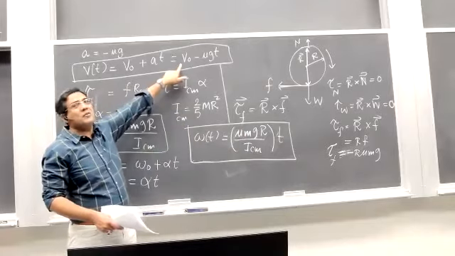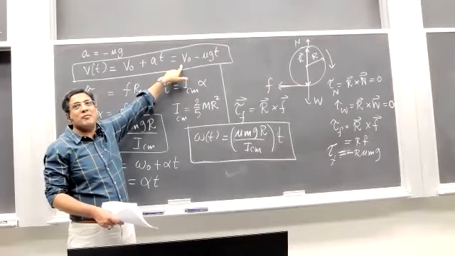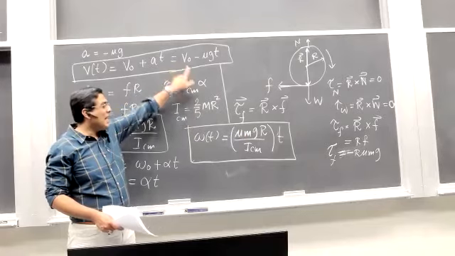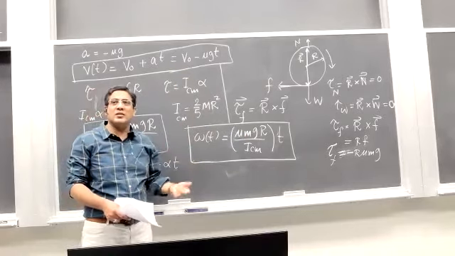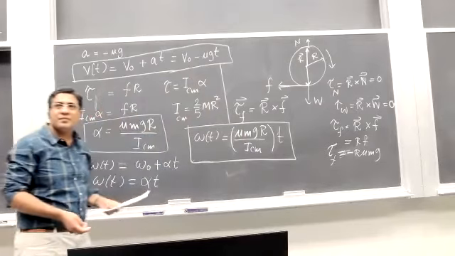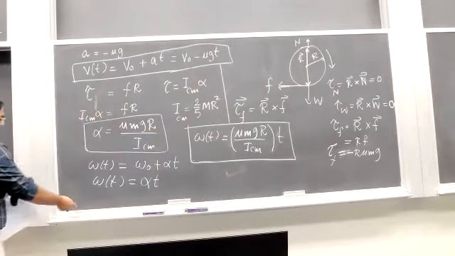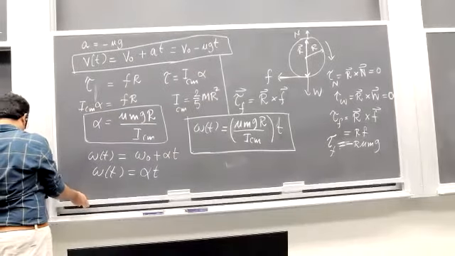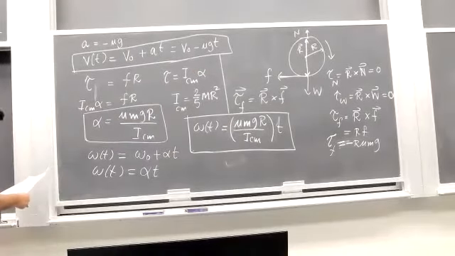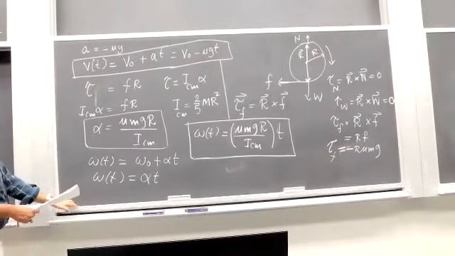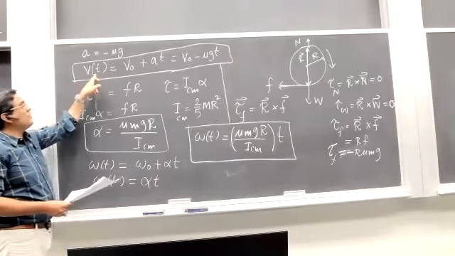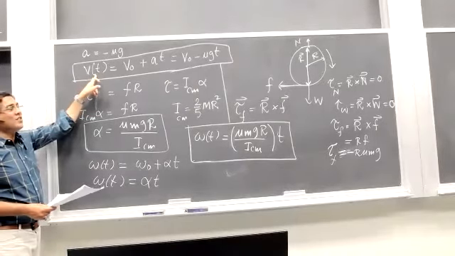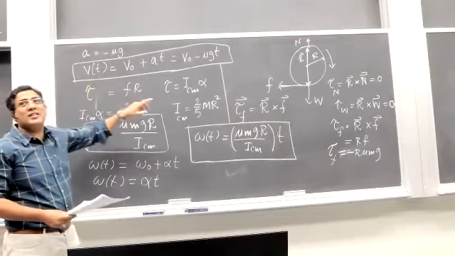It slows down the translational motion of the center of mass, and it increases the rotational, the rolling of the ball.